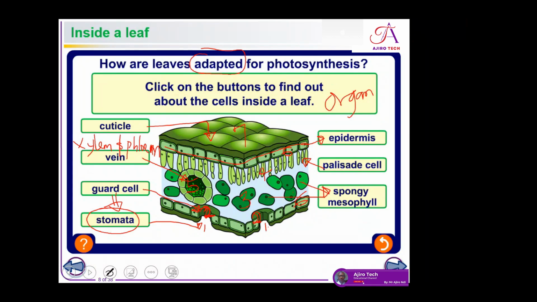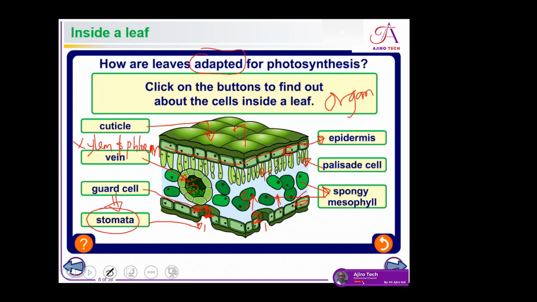What else can you see? When you talk about a sponge, what characterizes a sponge? It absorbs. You can see that there are holes and spaces in between the cells, right? Yes. The cells are not tightly packed.